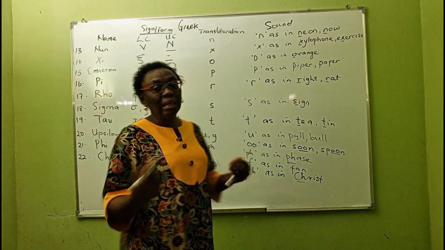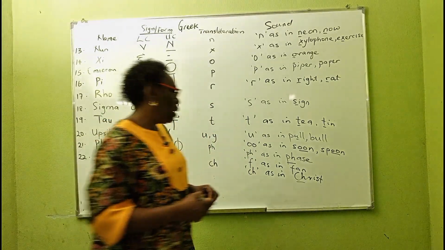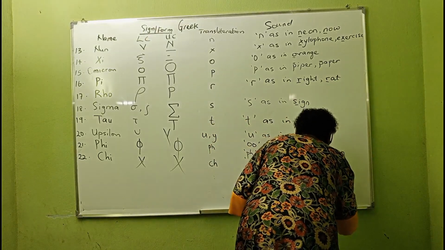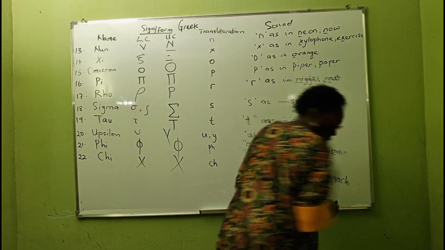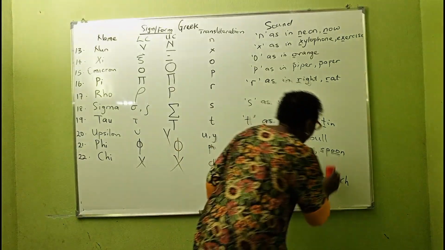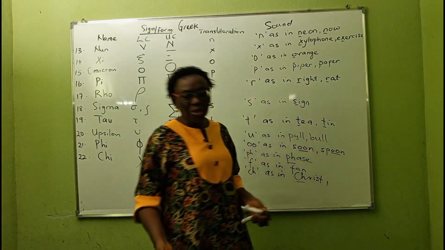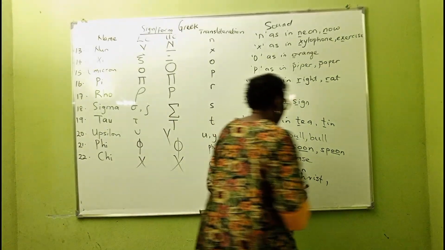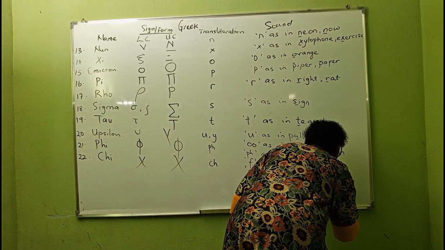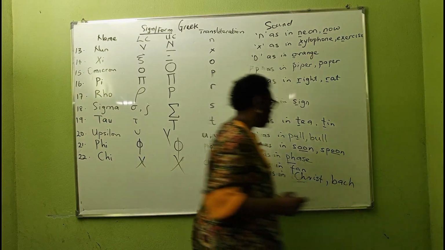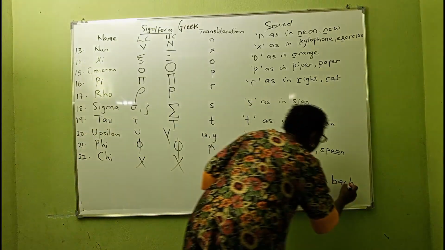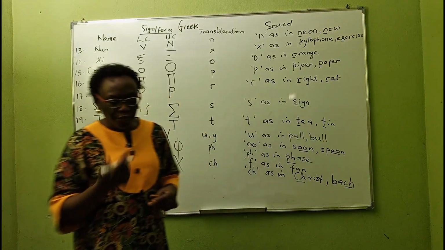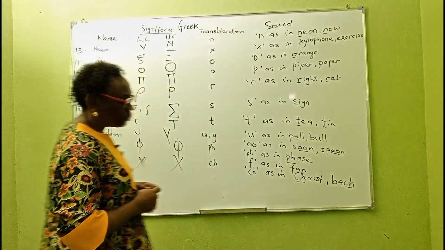Others use another language like German, and they say ch as in Bach. The unfortunate thing is that we are using a different language to teach Greek, another foreign language. But take note, you produce it from the throat.